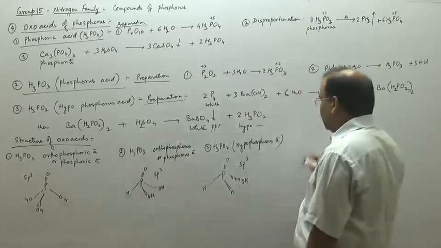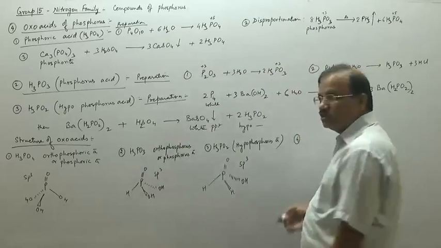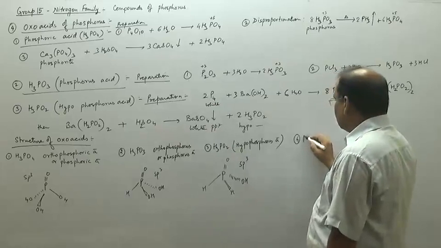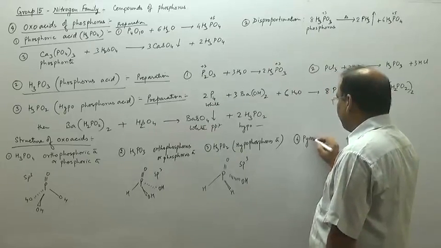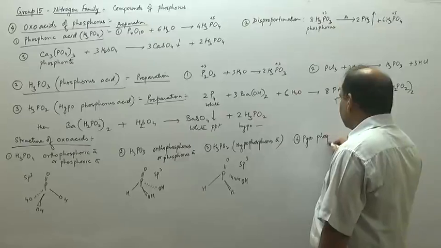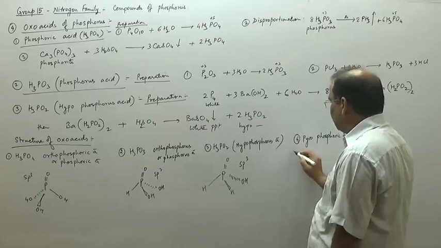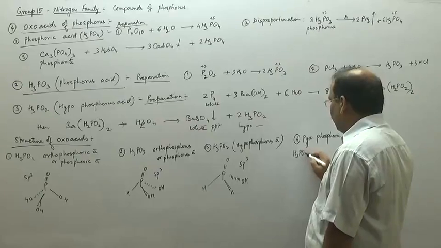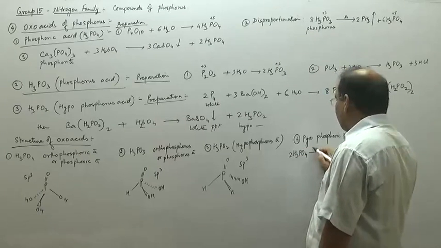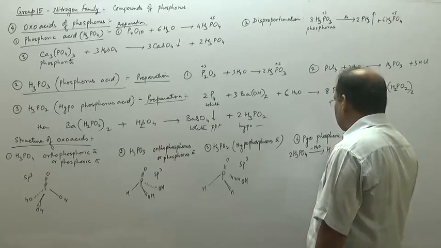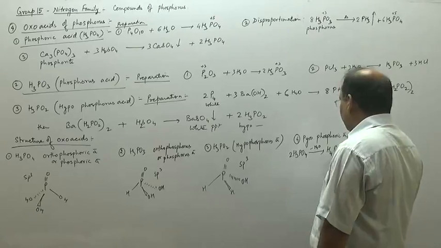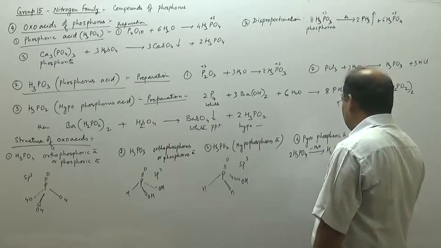Now we can write another one, pyrophosphoric acid. Pyrophosphoric acid means take H3PO4 twice, remove one water molecule, and you get H4P2O7.